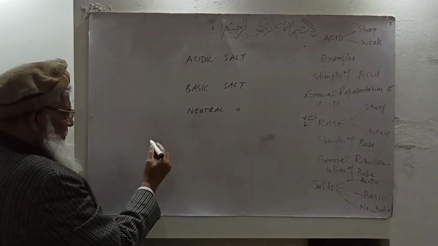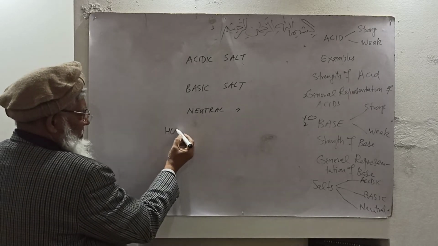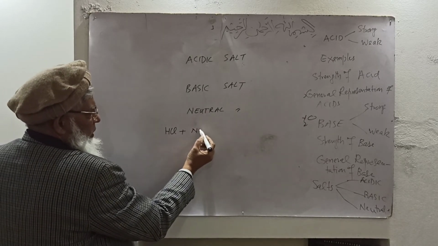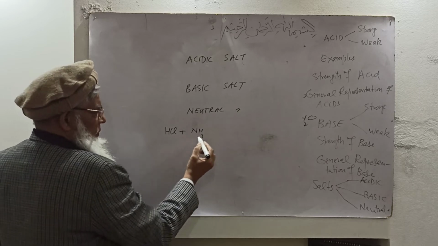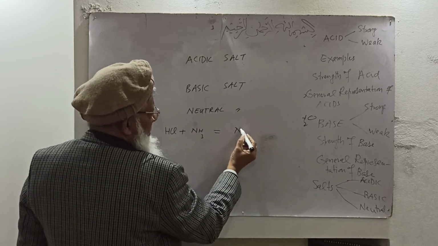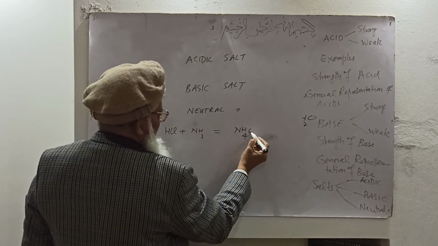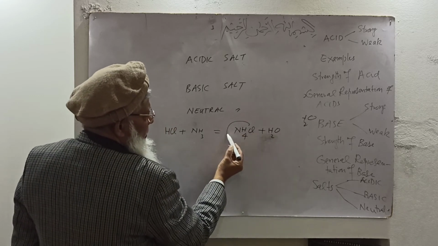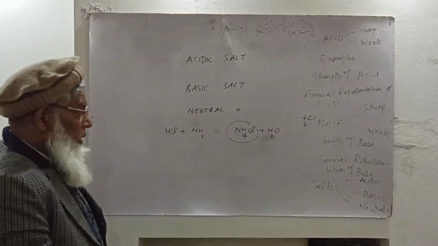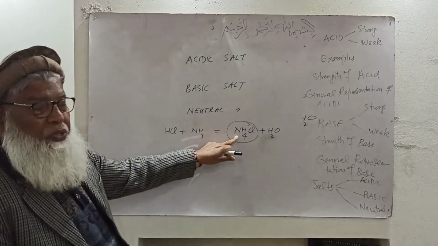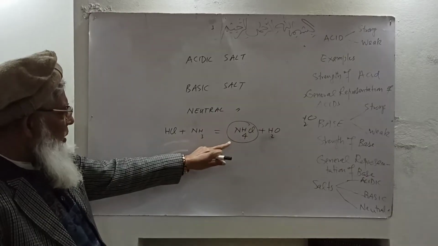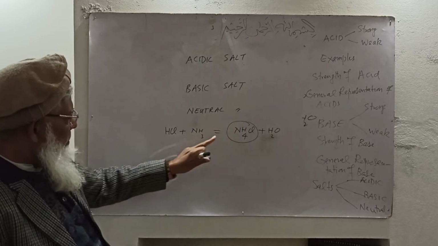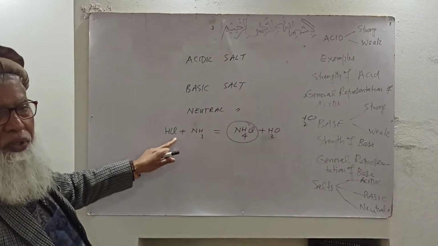For example, HCl is a strong acid, ammonia is a weak base, giving ammonium chloride plus water. This ammonium chloride is a salt. This salt is an acidic salt because it has been produced by the combination of a strong acid with a weak base.